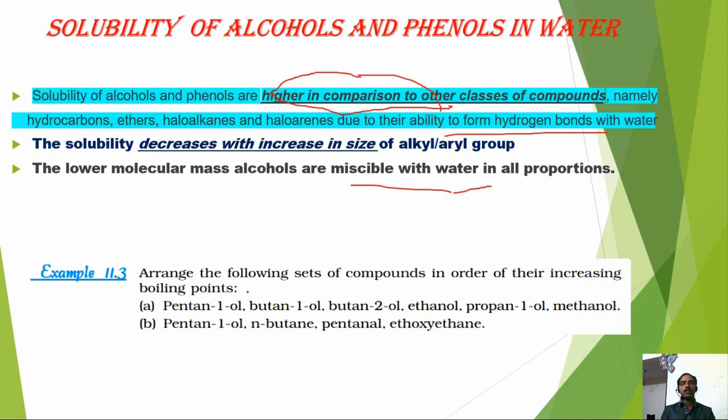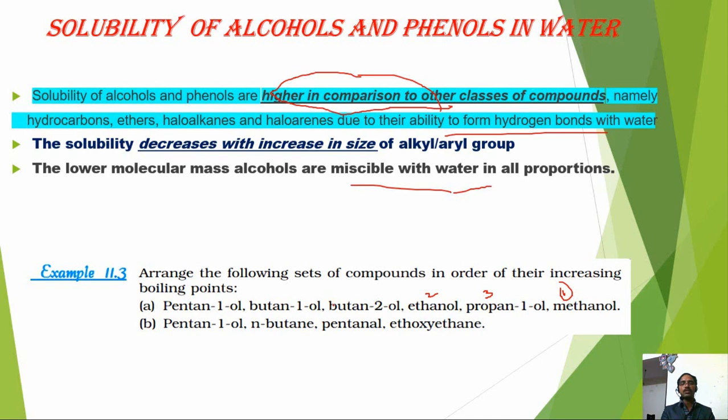Now the question is, arrange the following sets of compounds in order of their increasing boiling points. The first question is pentan-1-ol, butan-1-ol, butan-2-ol, ethanol, propanol and methanol. See, the least we can say is methanol, then ethanol second, then propanol third, then better.